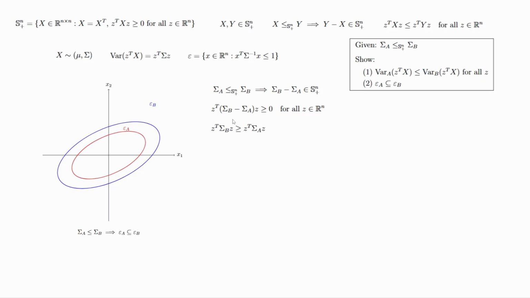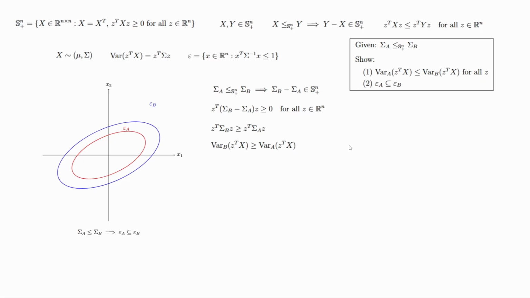So notice that this equation looks familiar. This resembles this variance equation, right? So we can plug in these values here. So now we've arrived at a result, and we've completed our argument for step 1.